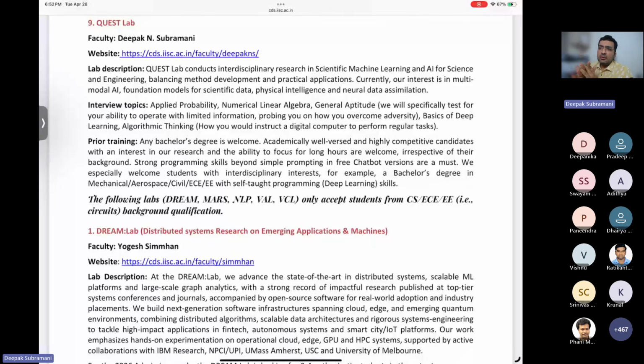In the interview, we will be talking about applied probability, linear algebra, and general aptitude, like how do you think. If you know some deep learning and algorithmic thinking, we will look at some of the basics of deep learning. All backgrounds are absolutely welcome. We strongly encourage those with a bachelor's degree in mechanical, aerospace, civil, or ECE with some self-taught programming skills like deep learning.